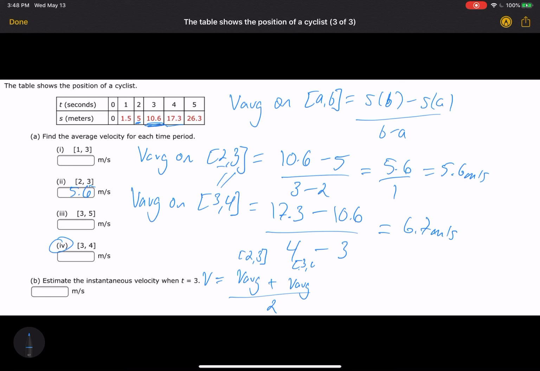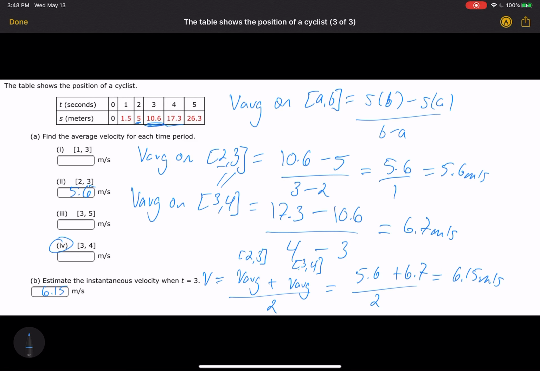In this case, it's just going to be equal to 5.6 plus 6.7 divided by 2, which gives us 6.15 meters per second. So this answer here will be 6.15 meters per second. And that basically gives the instantaneous velocity at time equals 3. And note that this is an estimate. It's not perfect, but it's a pretty good guess.